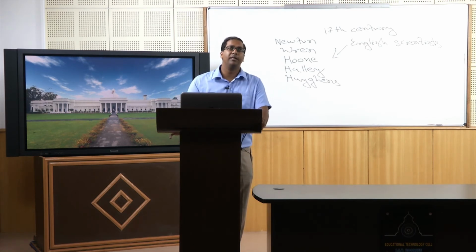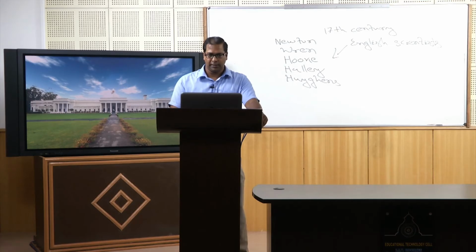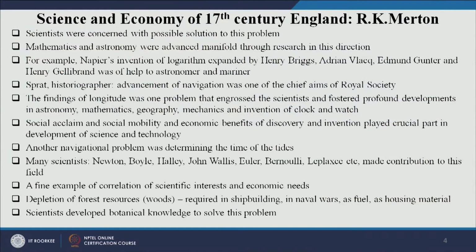So that they can be a powerful economic and political force in the world through their advancement in naval architecture and navigation system. And finding longitude was one problem that engrossed the scientists and fostered profound developments in astronomy, mathematics, geography, mechanics, and it led finally to the invention of clock and watch.